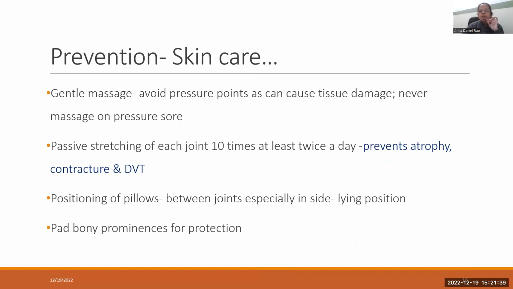Passive stretching of each joint at least 10 times twice a day is very important. That will help in preventing other problems also, like atrophy of muscles, contracture of the joints, and even development of deep vein thrombosis.